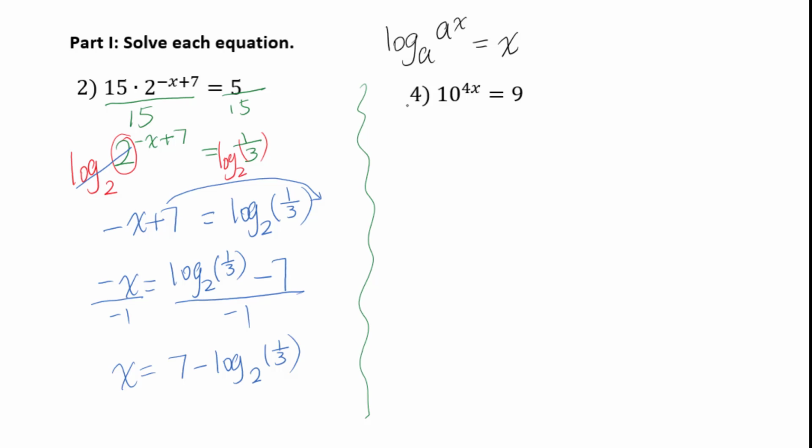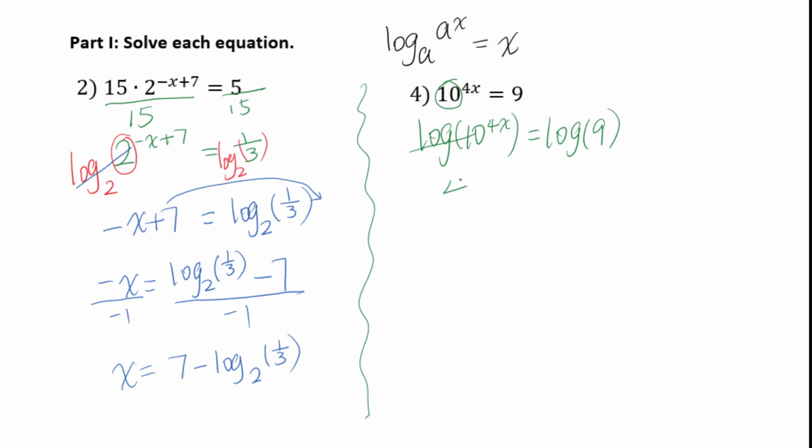For number 4, exponential equation, we cannot make the same base. The exponential expression is already isolated. So we will take a common log of both sides because the base here is 10. Common log of 10 to the 4x power equals common log of 9.